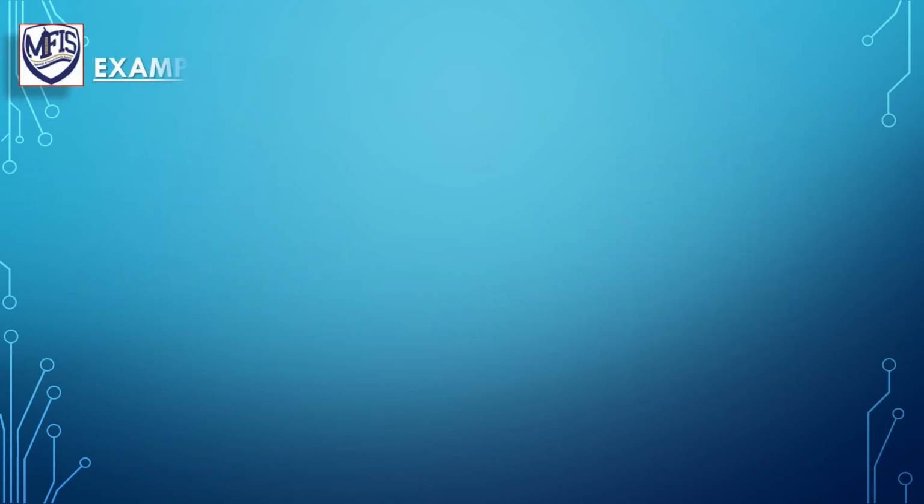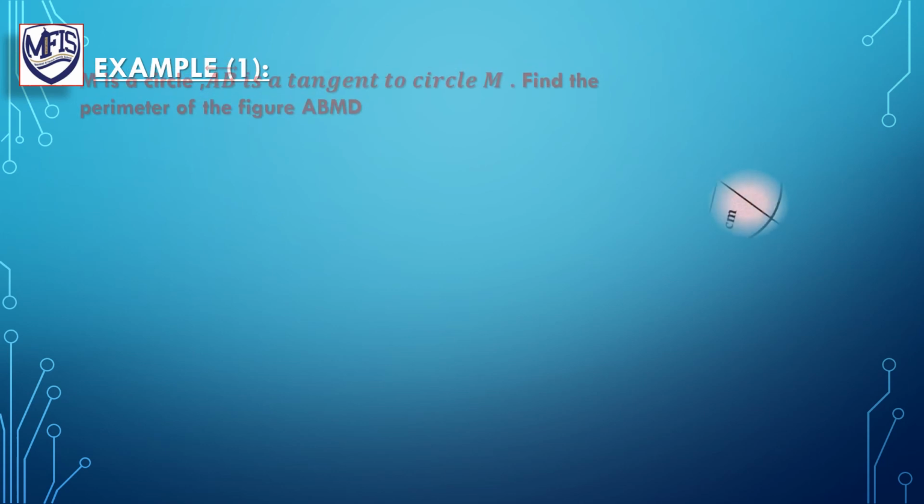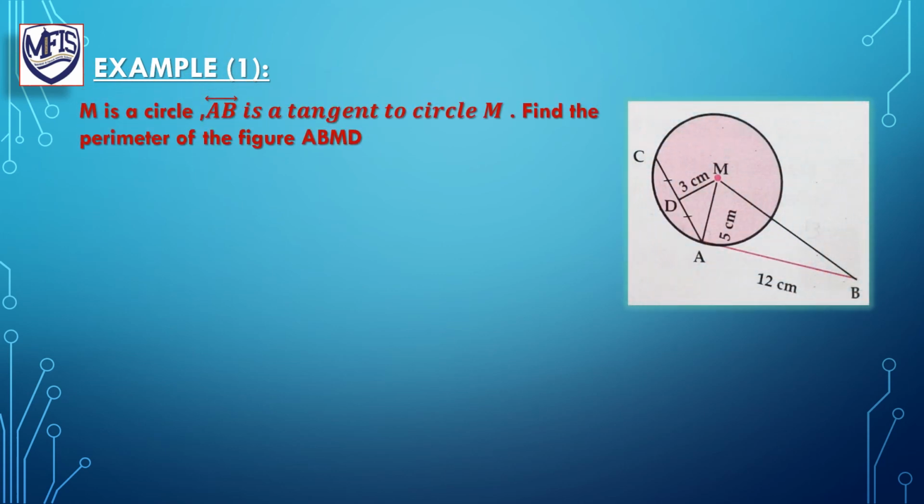Now, example number 1. M is a circle and straight line AB is a tangent of this circle. Find the perimeter of figure ABMD, this quadrilateral MBAD.